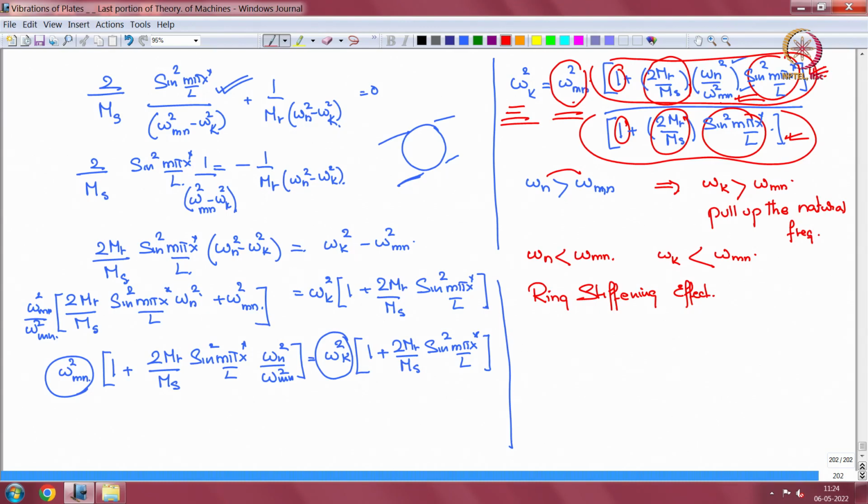Okay. Now along these lines you can have a shell, and then you can have multiple stiffeners.